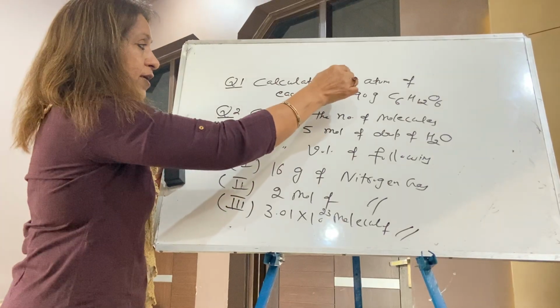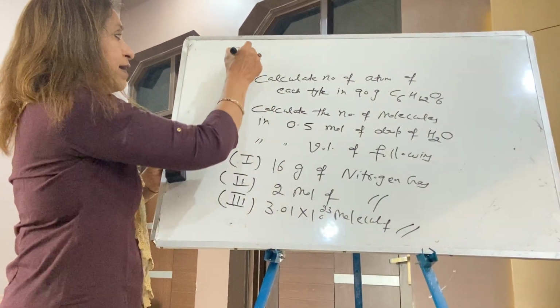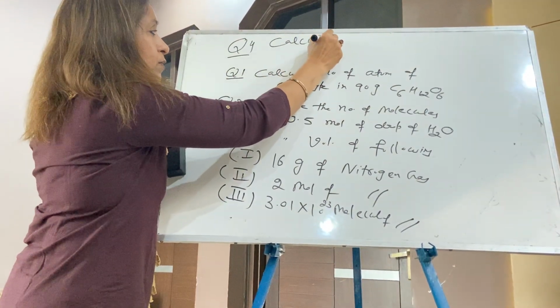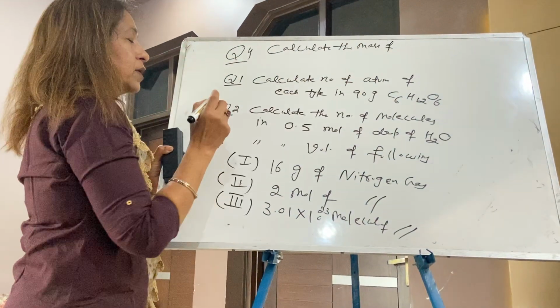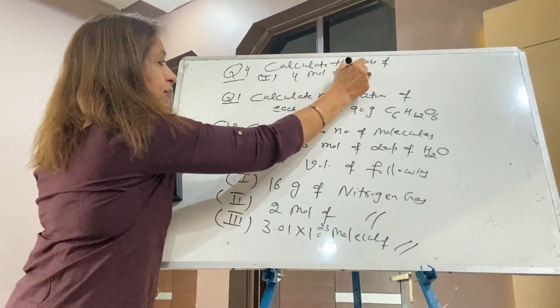So here you have the number of atoms, the number of molecules, and this is your volume. The last numerical, calculate the mass of the following. First part, 4 mole of carbon dioxide.